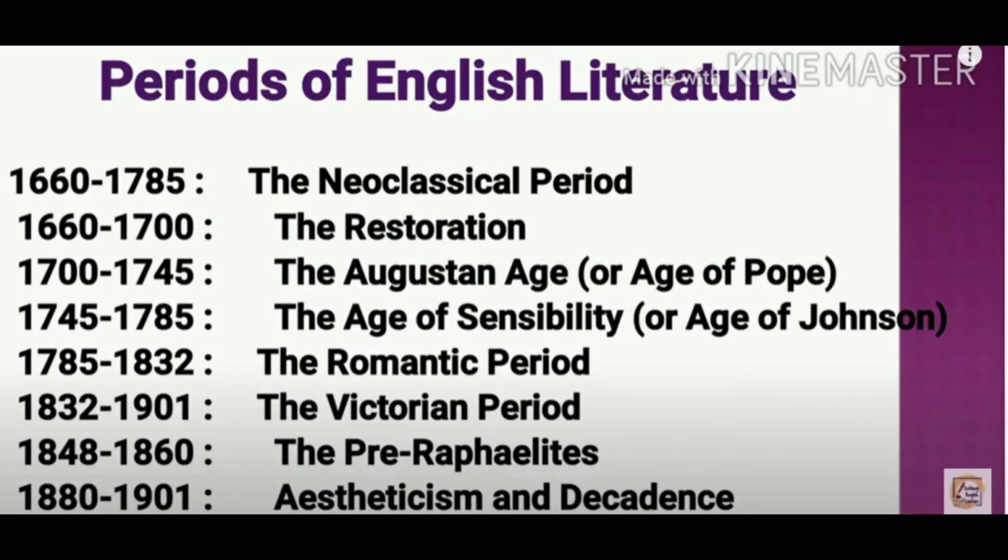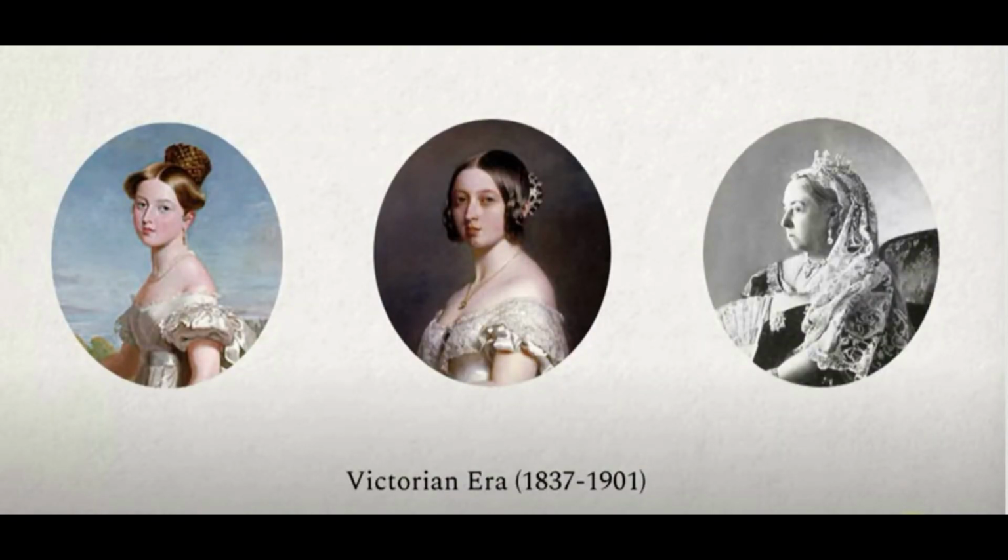The next period in our list is the Victorian period, which starts from 1832 and lasts till 1901. The Victorian era is considered the golden age of the English novel. The Victorian period had melancholy and mourning as its cornerstones where poetry is concerned.